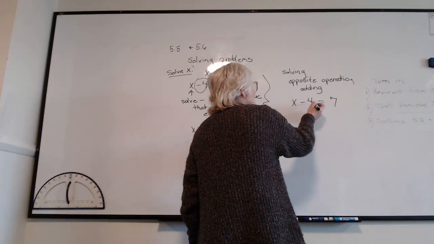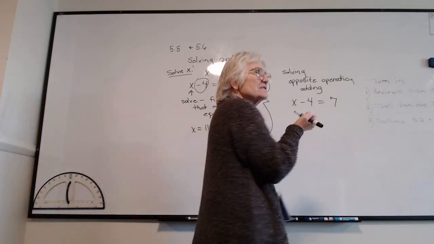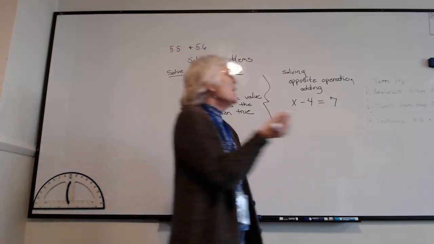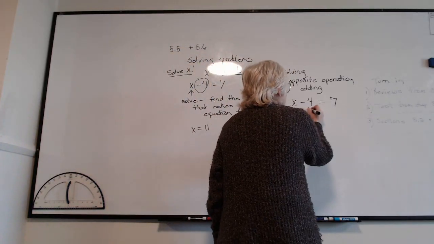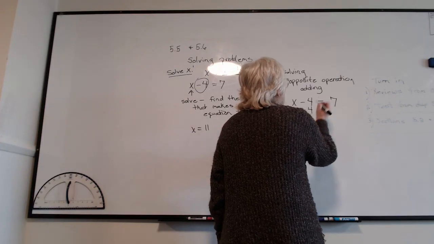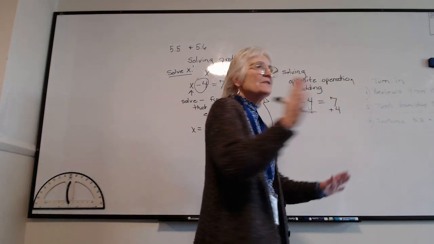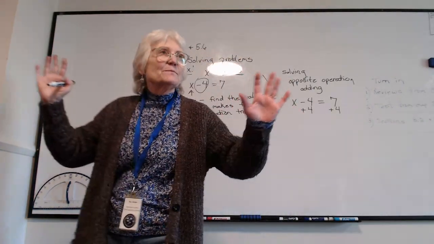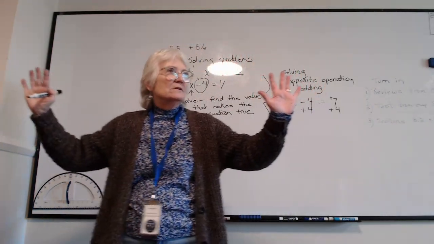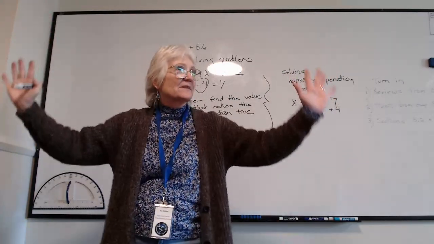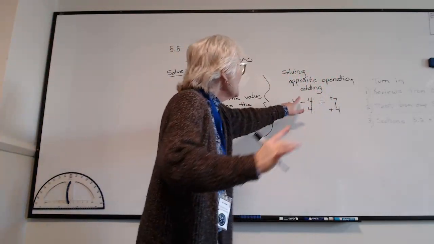So what I want to do is, this is a minus 4, right? I'm going to add 4 to this side. Let's see why we did that in a minute. And I'm going to add 4 to this side. You know what that does? It keeps both sides of that equation equal. So if I add 4 over here and I add 4 over here, they're still equal. Okay? Why did I add 4?